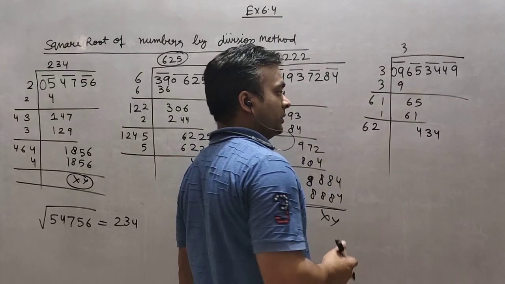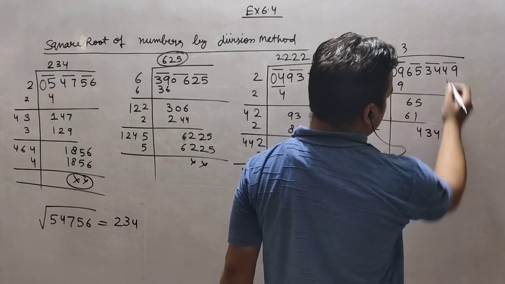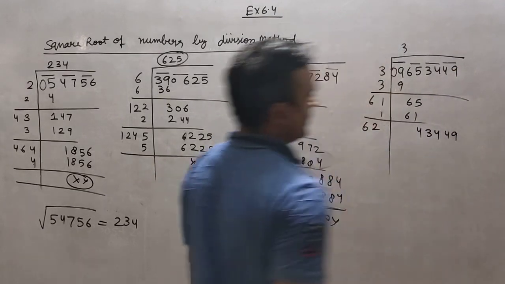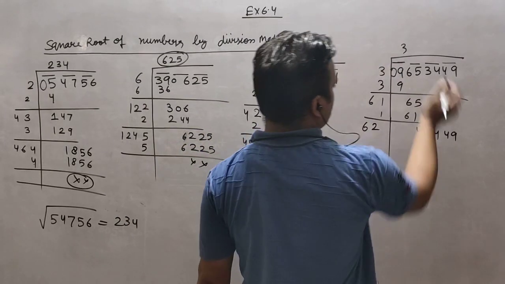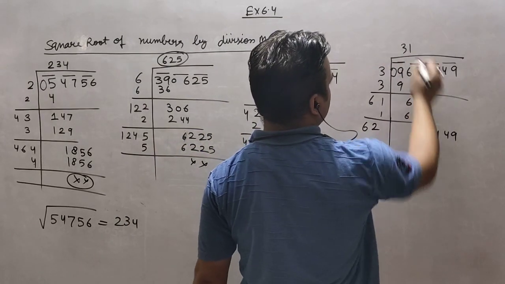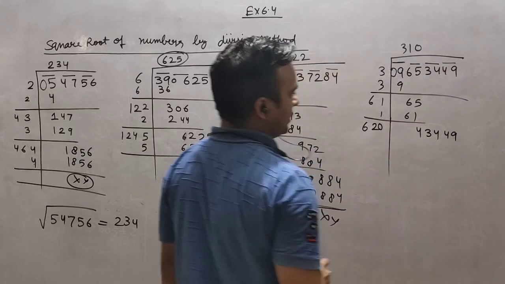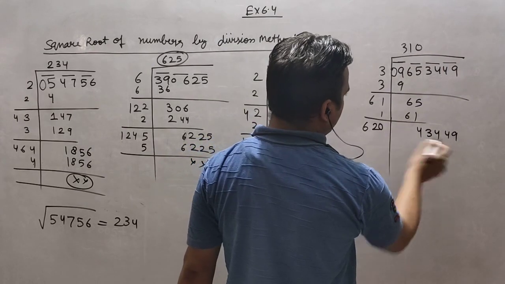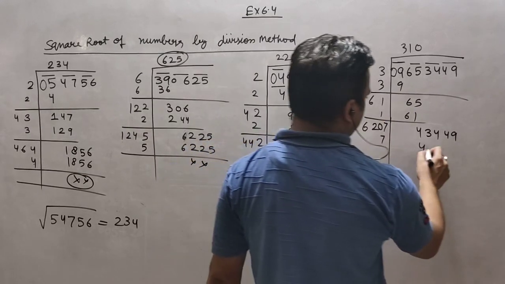So what will we put here? We can't put anything here. So the best way is to take the next pair. If you are taking the next pair, there are 2 digits you have taken. So because of that digit, 1 we are taking here, 1 0 and 1 0 we will put here. And then you will see that it will go by 7, and you will get this one.